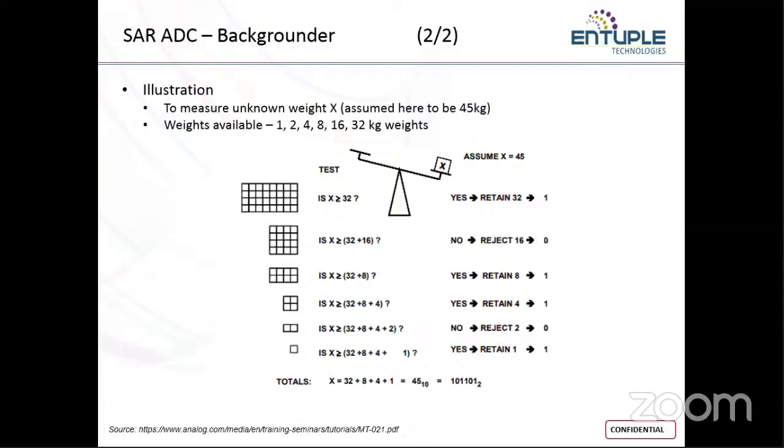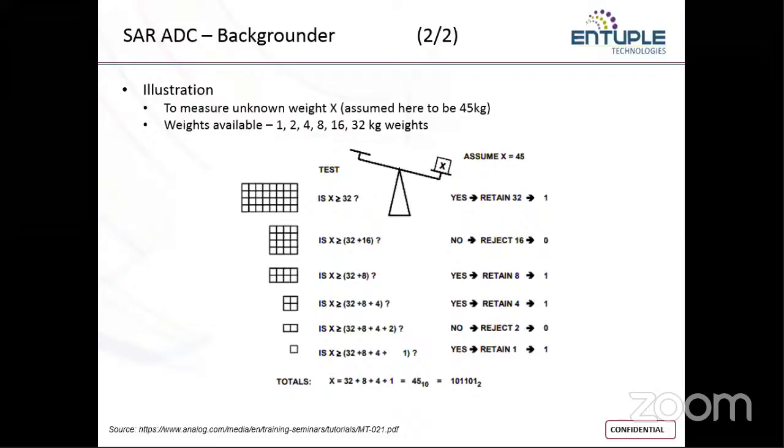Then we'll include the next possible weight. After 8 kg we have 4 kg. So 32 plus 8 plus 4, we have 44, which is again less than the unknown weight. So we'll have a binary 1. The bit will be set to 1.